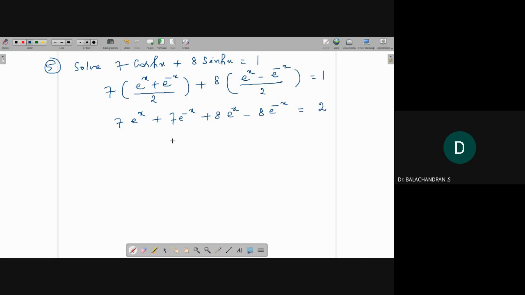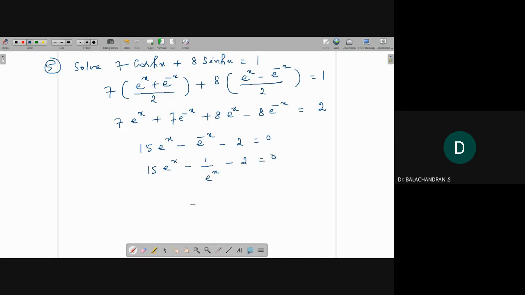So from this, 15 e power x minus e power minus x minus 2 equal to 0. In the next step you can write 15 e power x minus 1 by e power x minus 2 equal to 0.